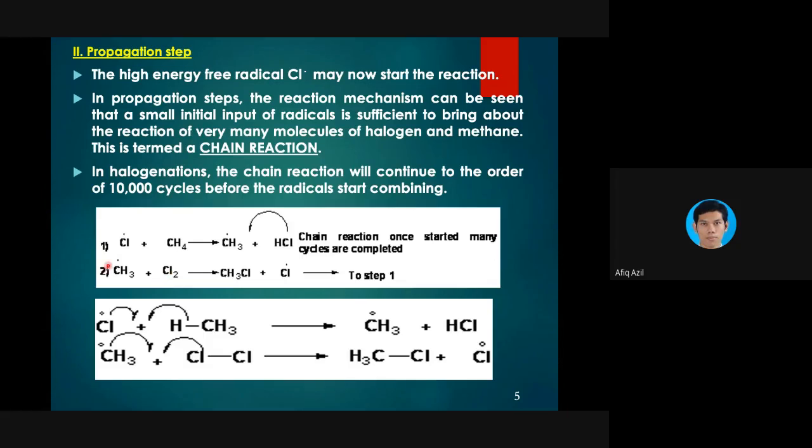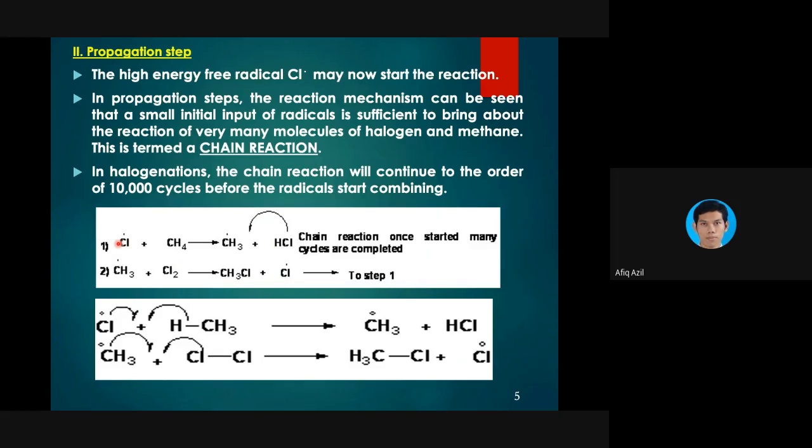So CH3 plus Cl2, and you are going to end up with the product, which is CH3Cl, an alkyl halide. So this carbon free radical will attack one of the chlorines, and what will happen is you have this chlorine free radical again. The initiation step is just needed to produce the chlorine radical.